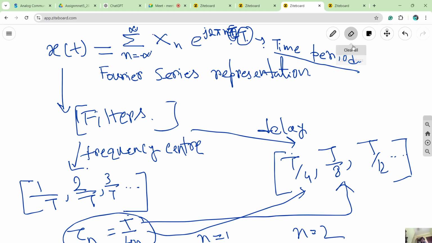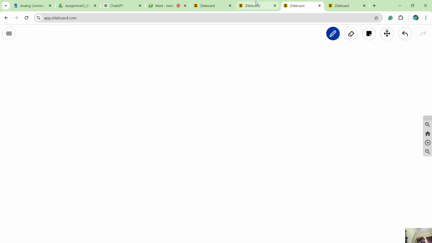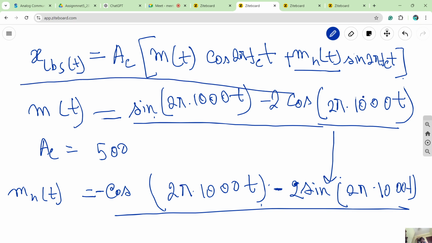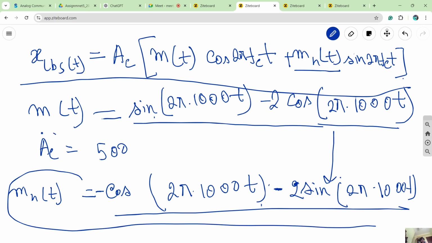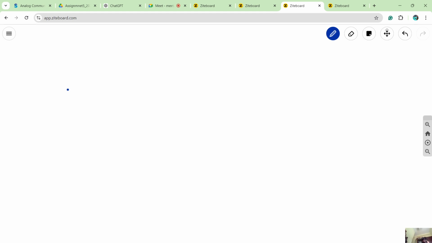Now we have to replace all these terms in the above equation of x LSB. We have m_h(t) here. We have the value of Ac and the value of m(t). So just let us calculate it. If we replace all the values, it will be 500, that is Ac.